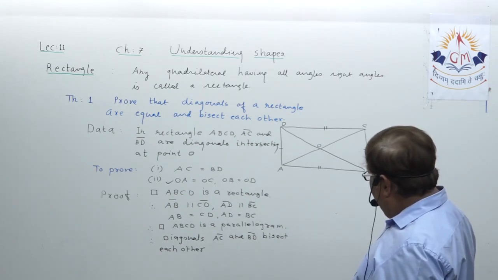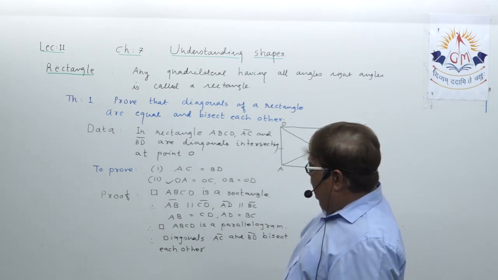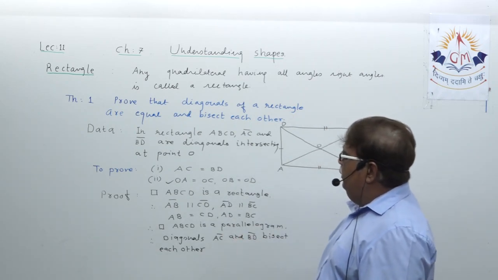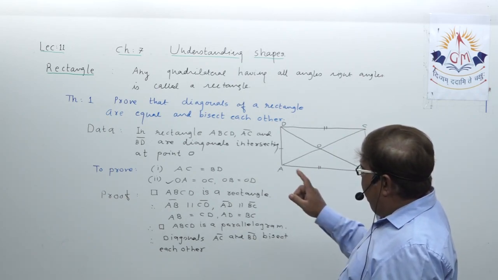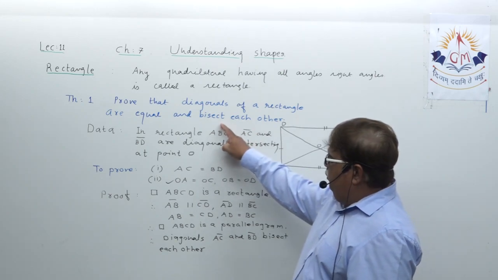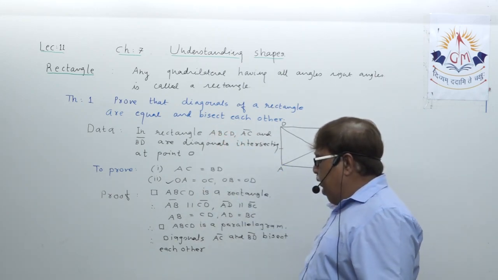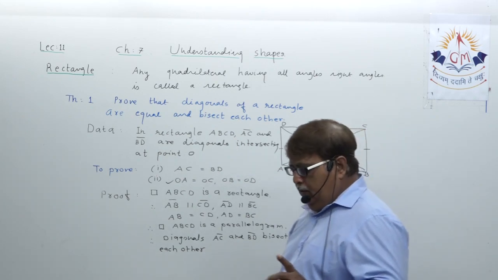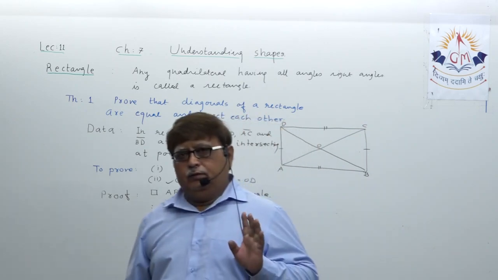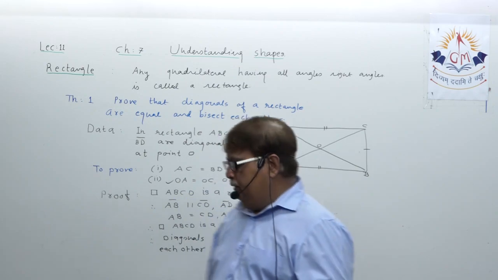Understood? So first you have to concentrate on this very important fact. First we moved for this only. We proved that diagonals of a rectangle bisect each other.